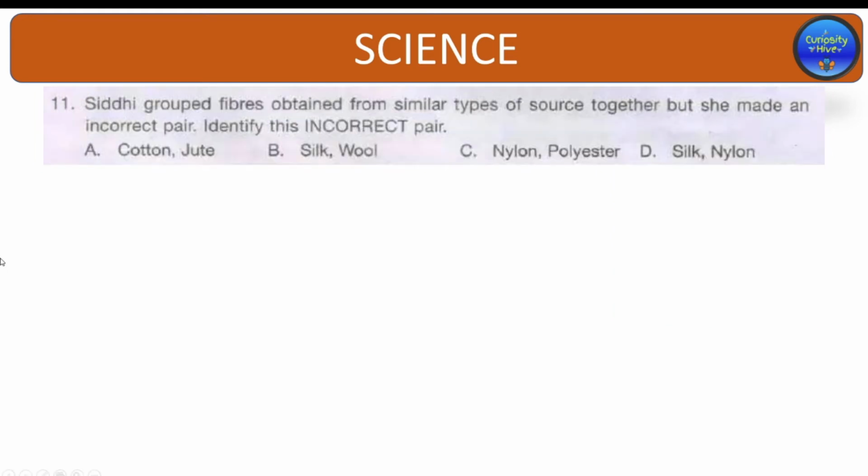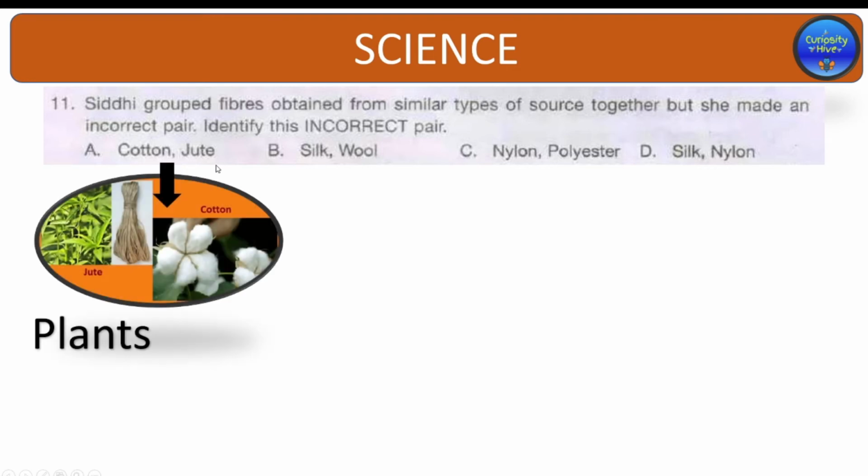The next question reads, Siddhi grouped fibers obtained from similar types of sources together, but she made an incorrect pair. Identify this incorrect pair. Well, are you able to get the connection and get the answer? I hope you are. These are different fibers from different sources. For example, cotton and jute, both are plant products.